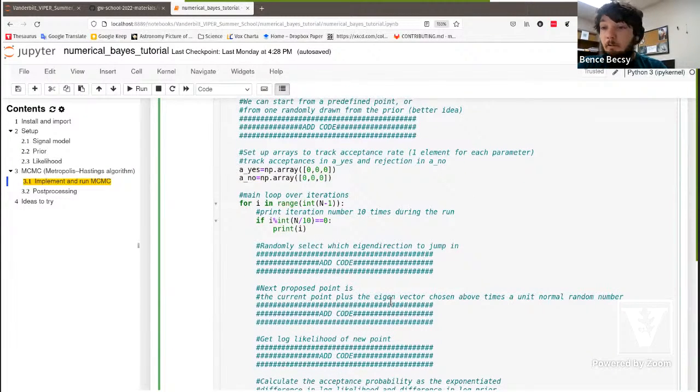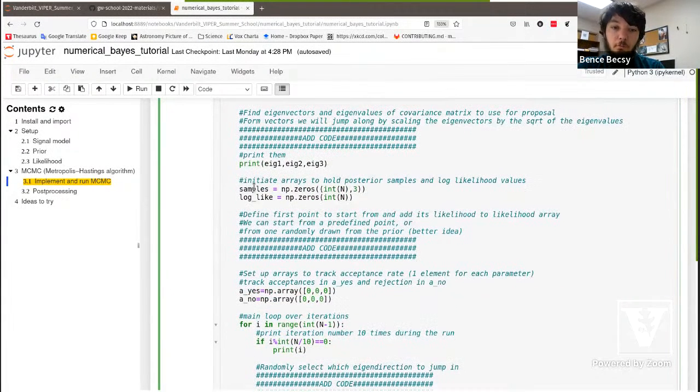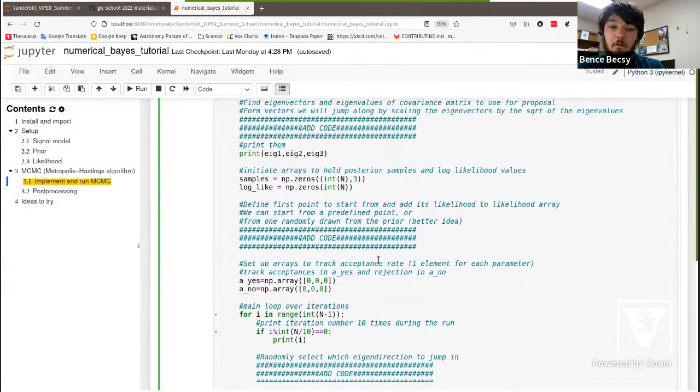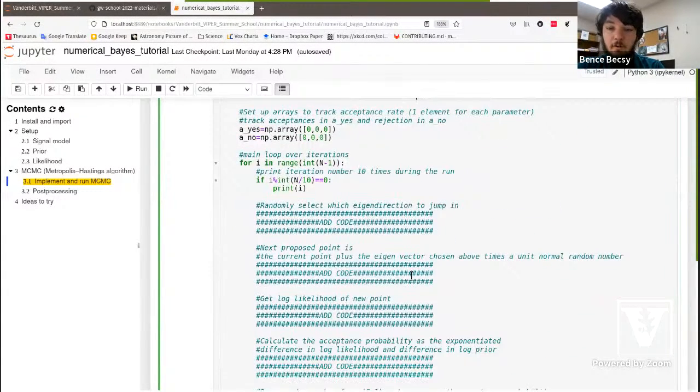Then we use the eigenvector we picked to actually select a new point based on this proposal. The way we'll do that is we will just take the current point, which we can read out from this samples array, and we will add to that the eigenvector we picked multiplied by a unit normal number.